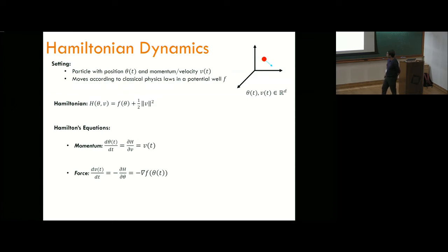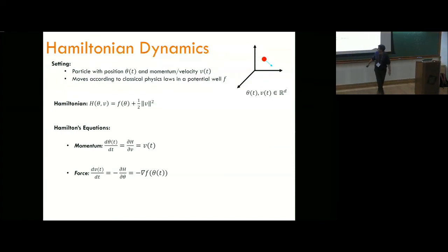So what are Hamilton's equations? Hamilton's equations are really the left-hand side here. It says that the rate of change of position is the partial derivative of the Hamiltonian with respect to the momentum or velocity. Once you write down the Hamiltonian, this tells you how the position changes, and this tells you how the velocity changes.